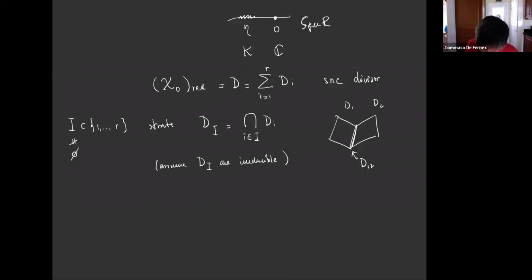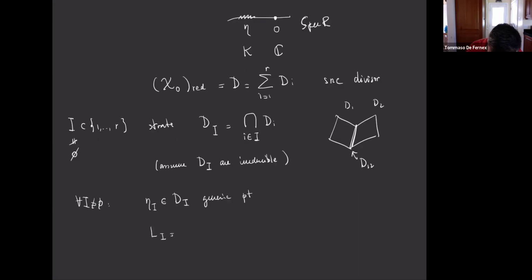Okay. So now I'm going to define, for every I different from non-empty, I look at eta_I inside D_I being the generic point. And then I'm going to define the following field.